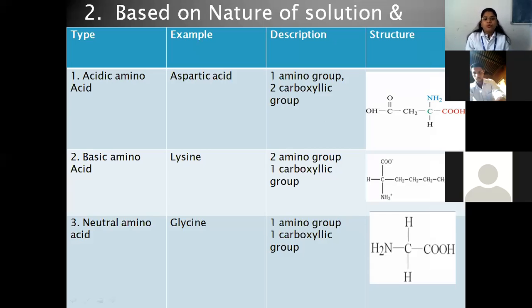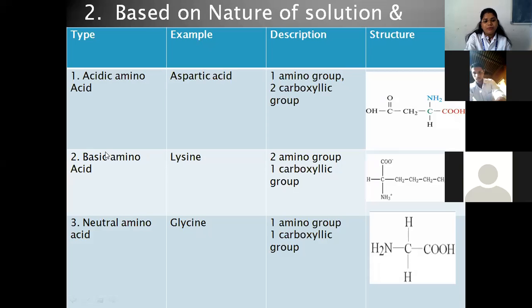The example of this acidic amino acid is aspartic acid. This aspartic acid contains the structure C double bond OH as well as COOH. Two carboxylic groups are attached to the alpha carbon along with one amino group.